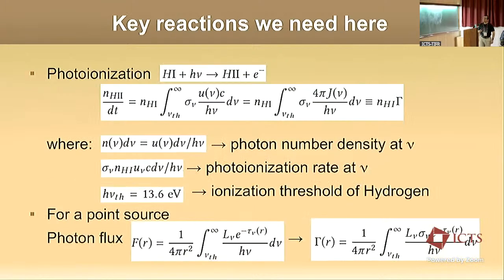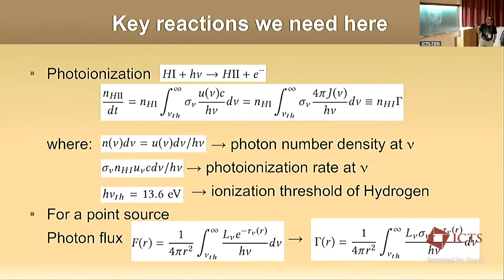So what are the processes that we are interested in? Well, the main one, of course, is just photoionization, in which case we have neutral hydrogen meeting a photon, and then you get ionized hydrogen and an electron. So that's the reaction. So the change in the ionized hydrogen density, either increase or decrease, is just the neutral density of hydrogen, the number density of neutral hydrogen, and then the number density of photons, which can be calculated based on the energy of the photons, as we discussed in the previous part.